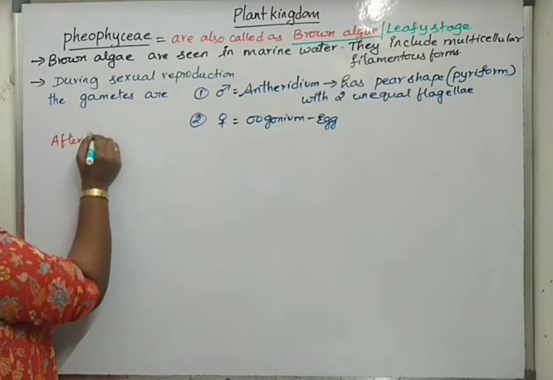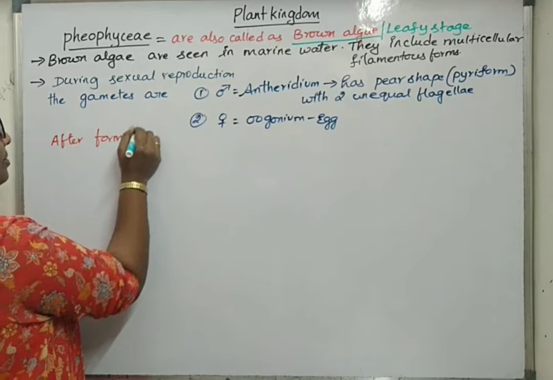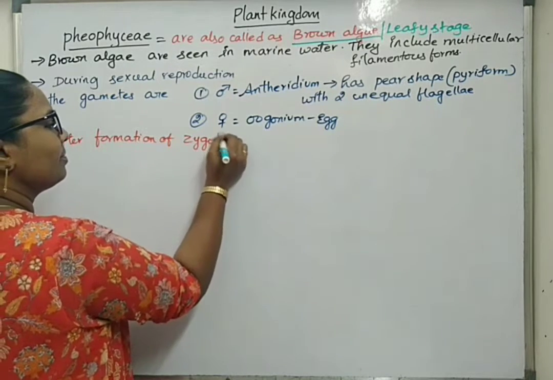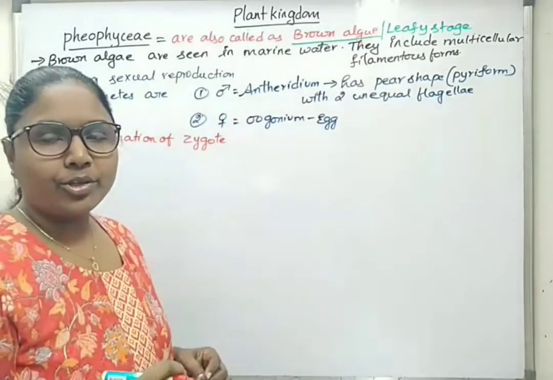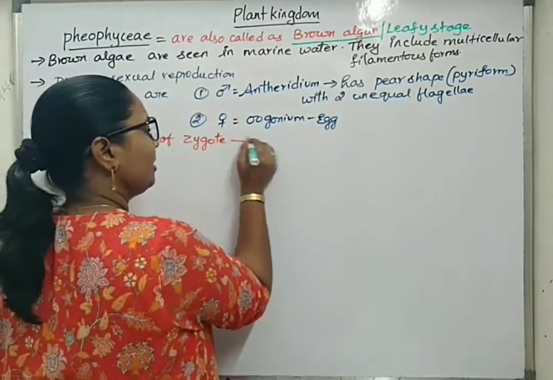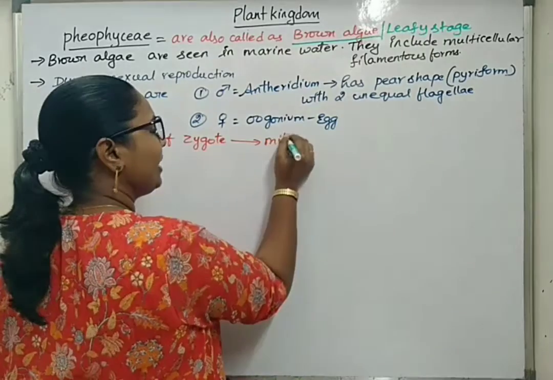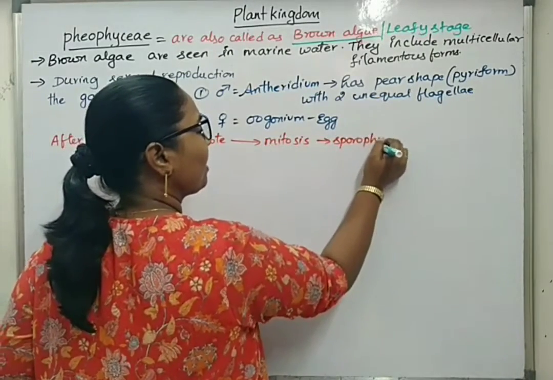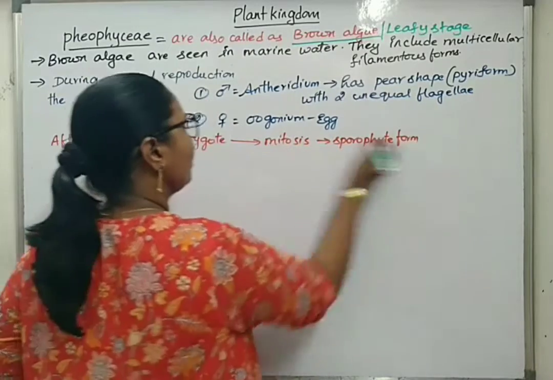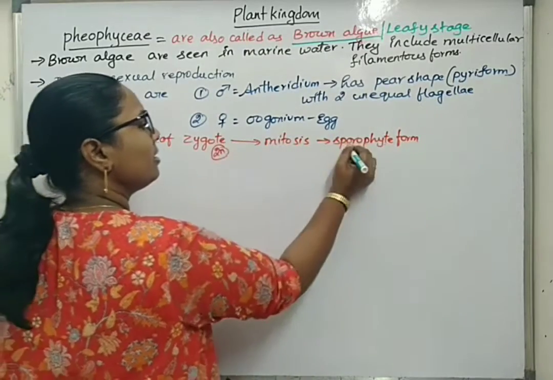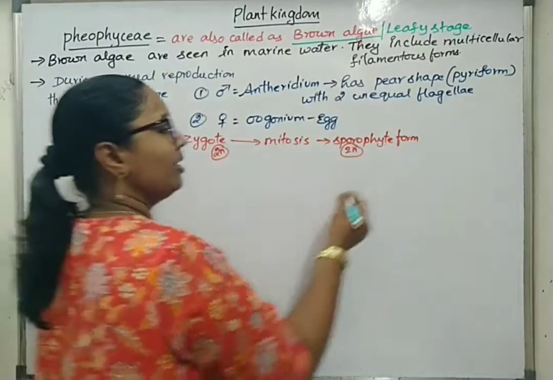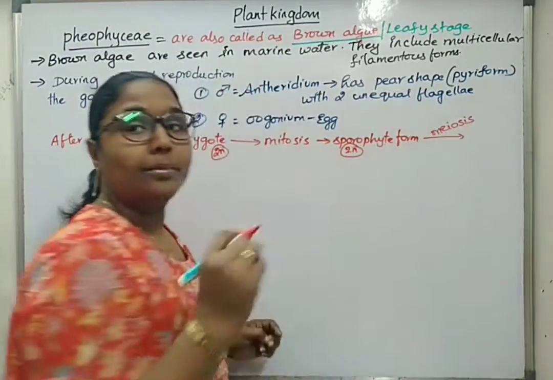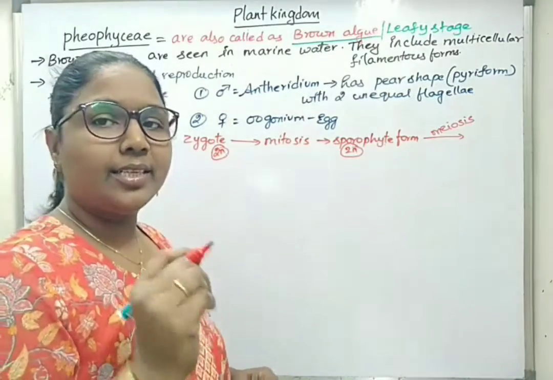After formation of zygote, zygote undergoes mitotic division, means asexual reproduction, mitosis, to give out sporophyte. So now this is diploid, this is also diploid in nature. This one undergoes meiosis. Meiosis also called as reduction division.